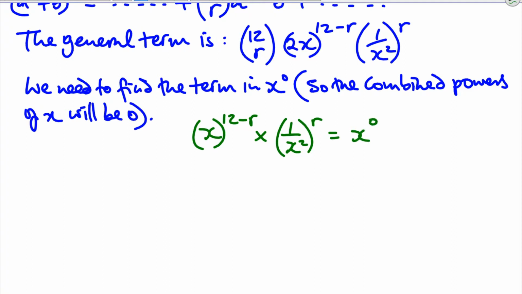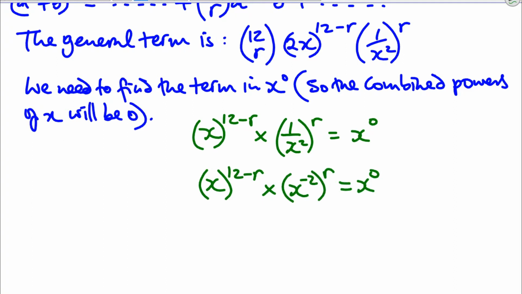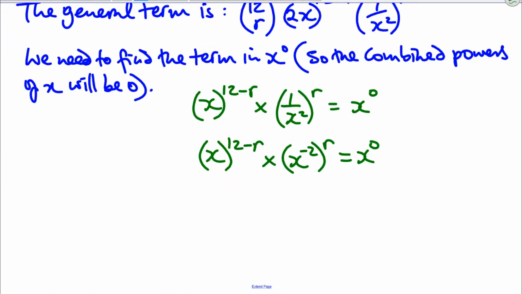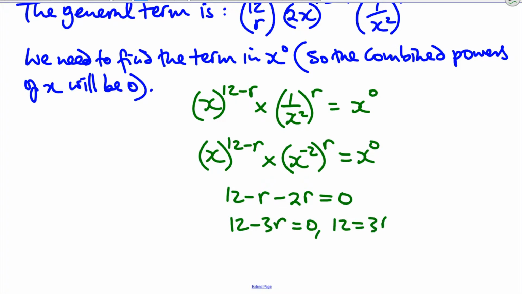So x^(12−r) multiplied by x^(−2r) equals x^0. If we equate the powers of x, we have 12 minus r minus 2r equals 0. So 12 minus 3r equals 0, or 12 equals 3r, which means r equals 4.